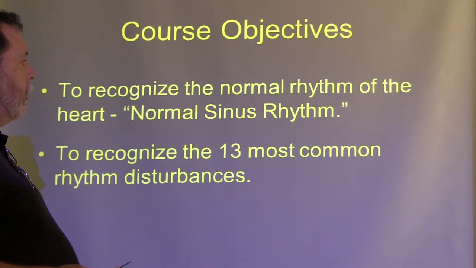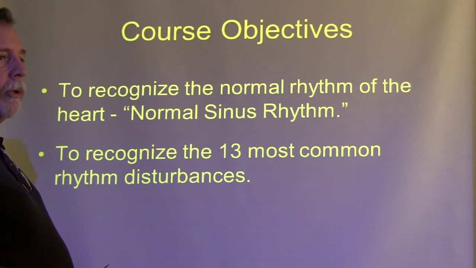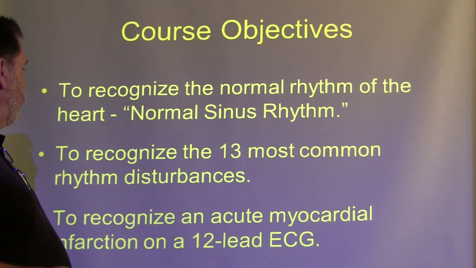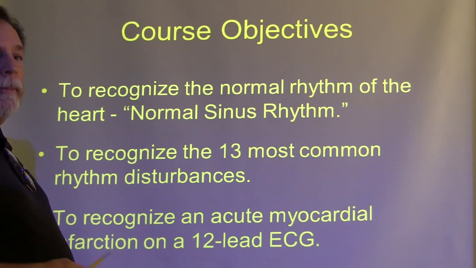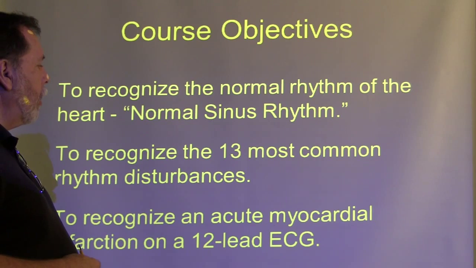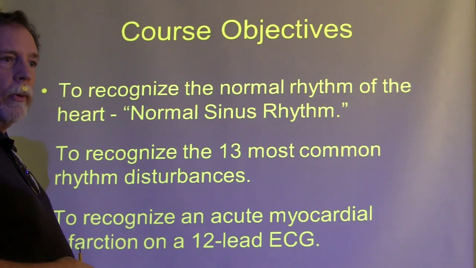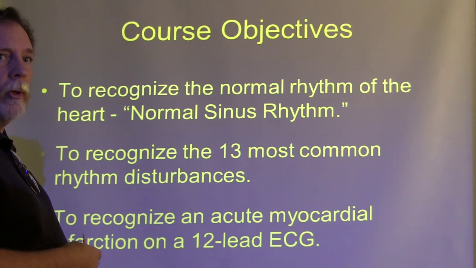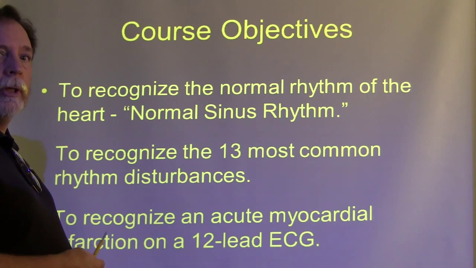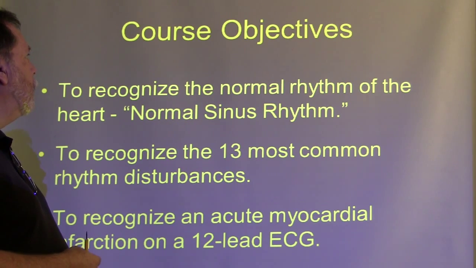We're going to recognize 13 of the most common rhythm disturbances, and we're going to recognize an acute myocardial infarction on a 12-lead EKG. It's basically a heart attack. But we're going to talk about that and how to interpret that as well, because that's something you have to understand to be able to know if the machine is actually working right or not.